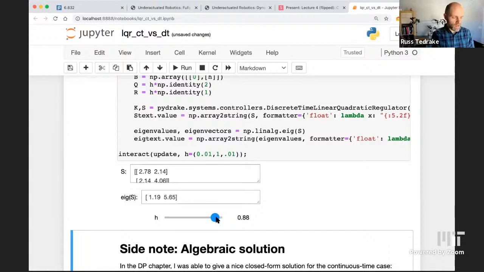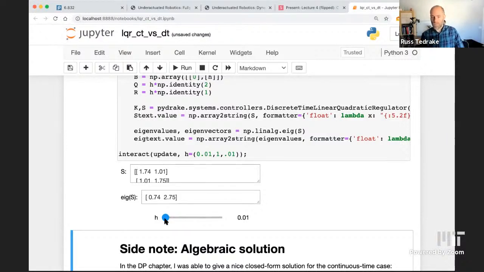If I start making it smaller, then you could think about the constraint being less and less severe because I'm allowed to make control decisions more often. And in fact, the cost will go smoothly down. Remember, S is the cost to go, so it has that direct interpretation. And in the limit, as h goes to 0, it will go to the numbers above.